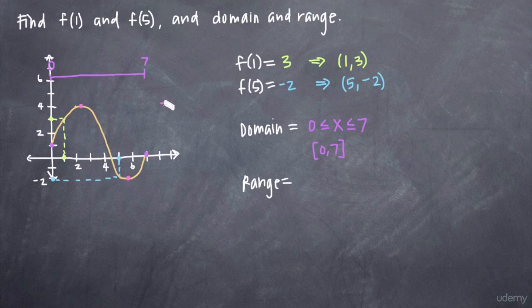So we know that our range runs from this point to this point, and that's the range. The y-coordinate at the top of our range here is 4, and at the bottom it's -2. So we can say that the range is y greater than or equal to -2 and less than or equal to 4, and again we can write that as [-2, 4].